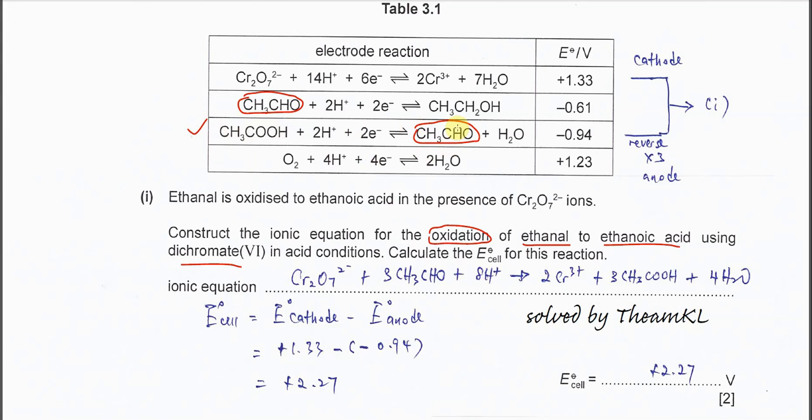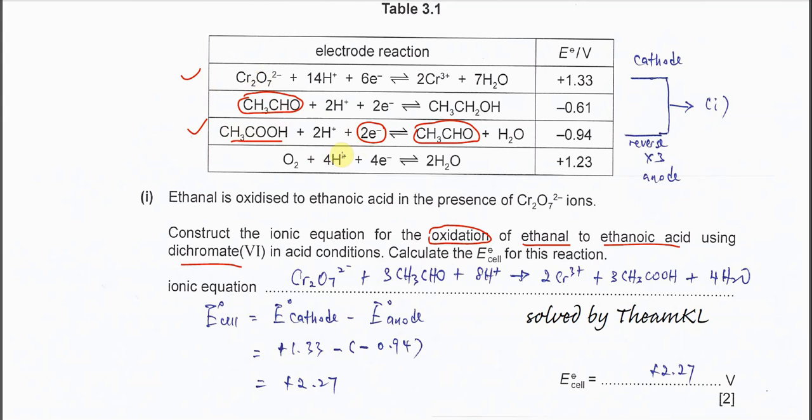Ethanal, when it shifts to the left, will produce electrons and it will form the acid, this ethanoic acid. So we must choose the third one, and of course we must choose the first one, the dichromate ion.